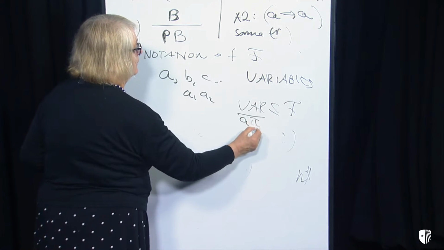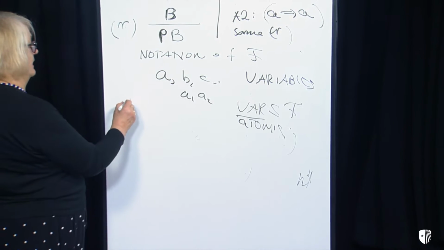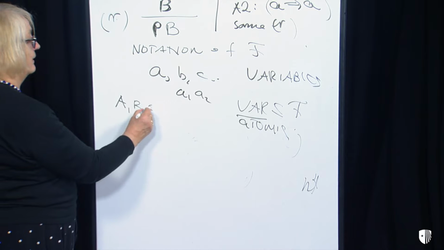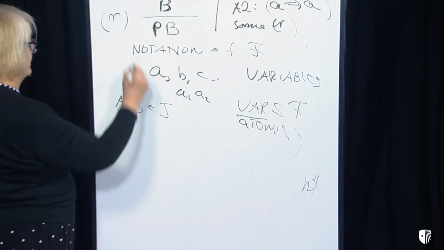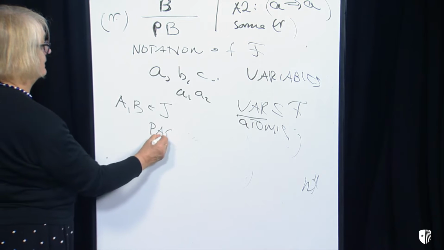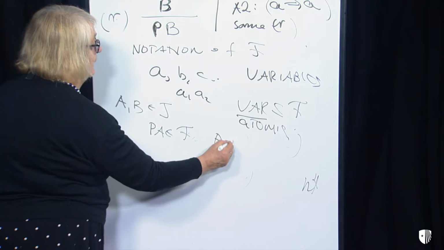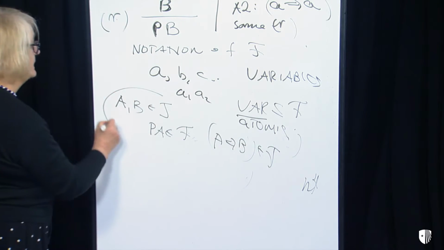They are called atomic formulas. And if I have already two formulas, this is a definition, we can write PA is a formula and A implies B is a formula.